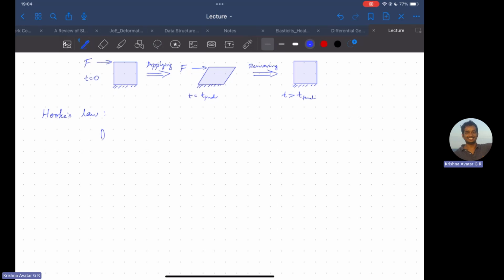So let's consider some bar, and we are applying a force F. Simply speaking, we are pulling it on both sides. This was some original length, let's call it L naught. Then after applying the force, it becomes slightly larger.